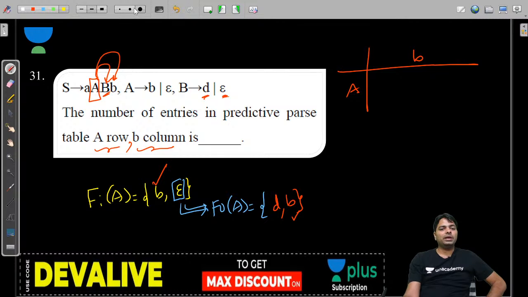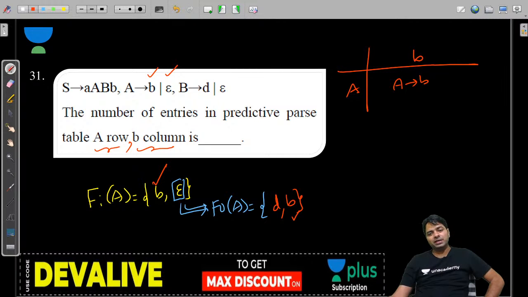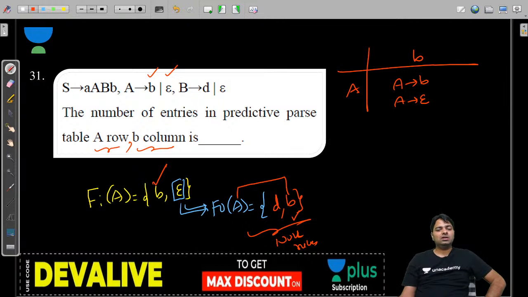And now how many productions are there for capital A? You have 2 productions. So for A comma B, you will get A derives B, and this is for the null rule. That is A comma B, you will get another production A derives epsilon. So you will have 2 productions, 2 entries.